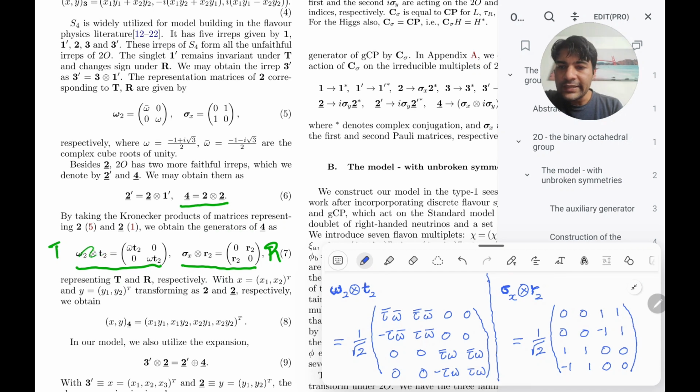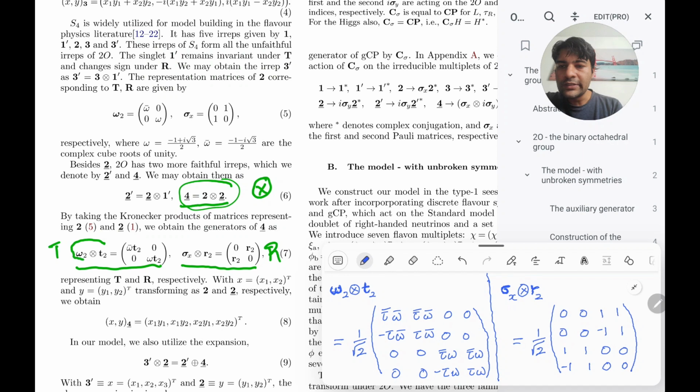Here on the left side, I have the Kronecker product of bold omega 2 and bold T2. Throughout this paper, I use the symbol ⊗ to denote both tensor product like here and also Kronecker product like here. So from the context you can understand what it means.